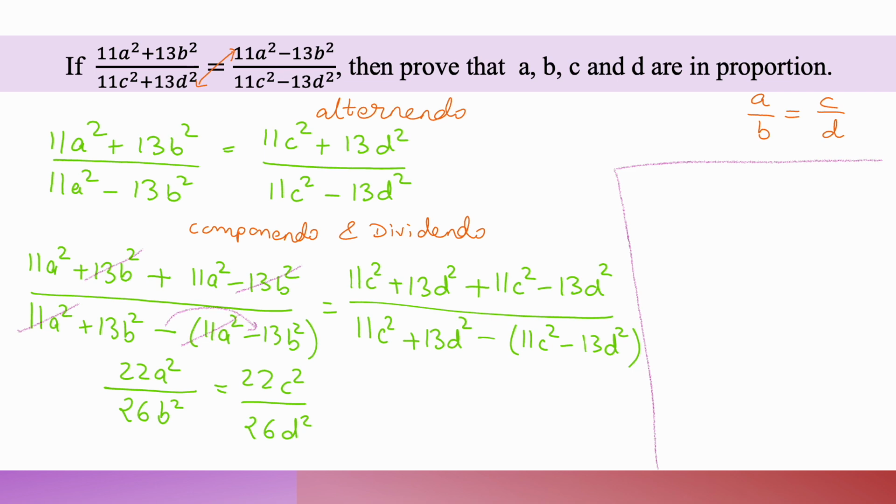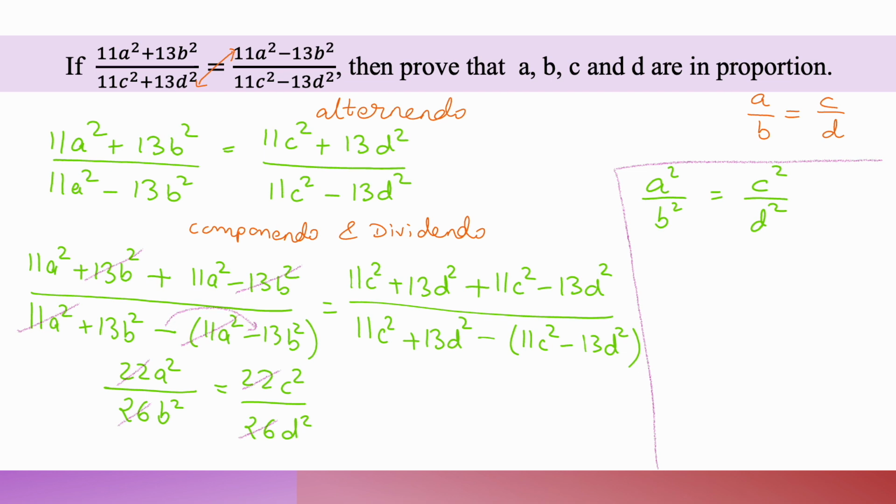Now dividing this equation by 22 upon 26 on both the sides, the 22 and 26 cancel out. So we are left with a square upon b square equals c square upon d square.